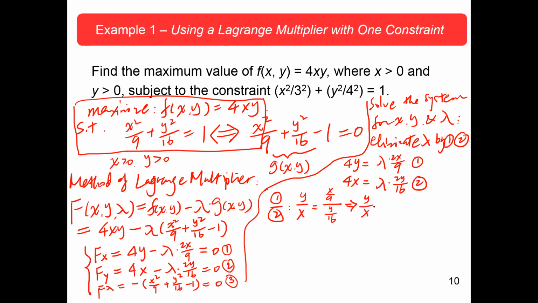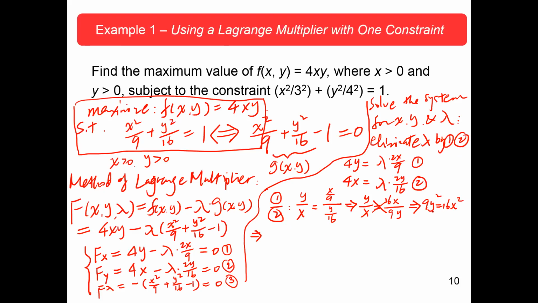So that is y over x equals, let me put the 16 on top, 16x over 9y. Is this okay? That tells us, let me do cross multiplying, 9y squared equals 16x squared. Right? Okay.